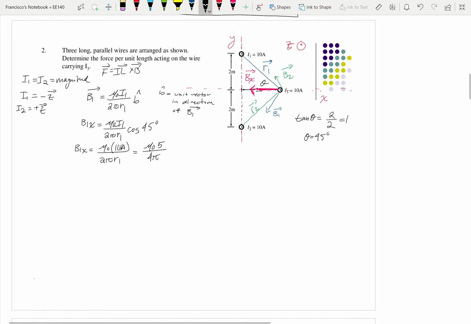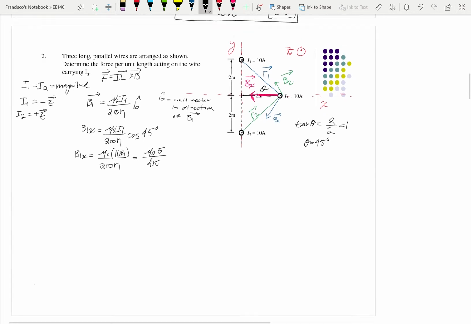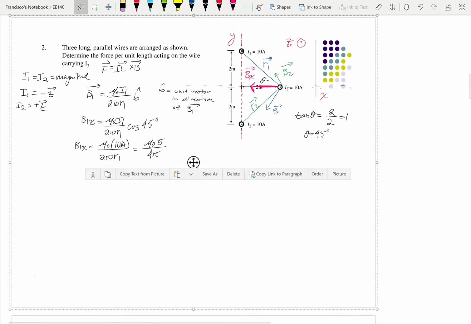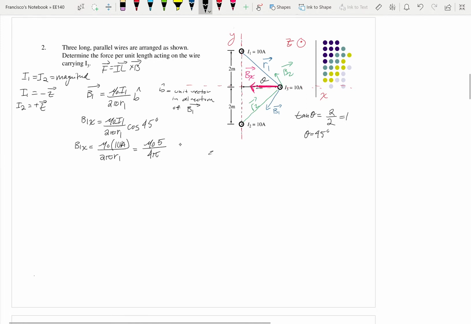Notice that I didn't put the vectors on top here, therefore I don't need to label it as the unit vector. Actually, let's make it easier. Let's put the direction. Therefore, it's going to be negative x hat.